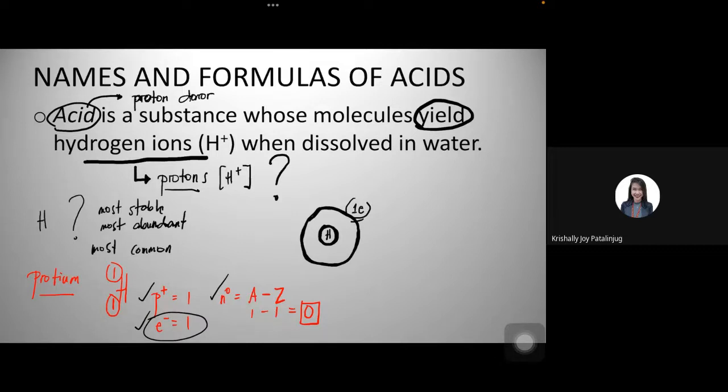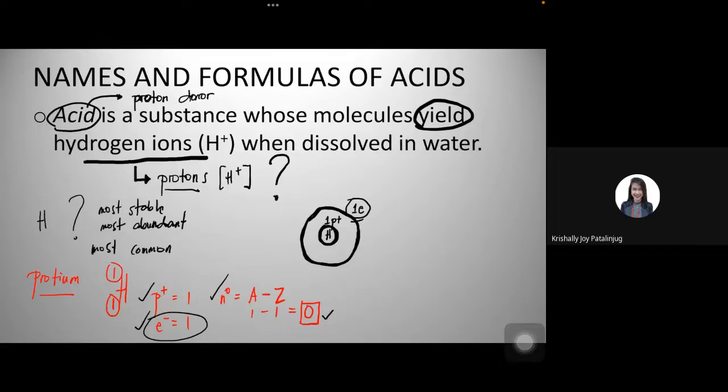For its proton, it has also one proton. The protons are found inside the nucleus. Neutrons are found in the nucleus as well. However, in the case of the hydrogen atom, particularly for the isotope protium, it has no neutron. That's distinct about the hydrogen atom.